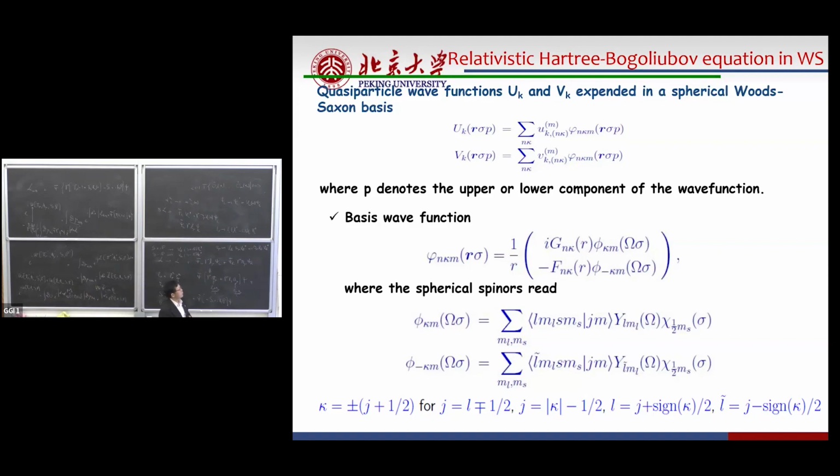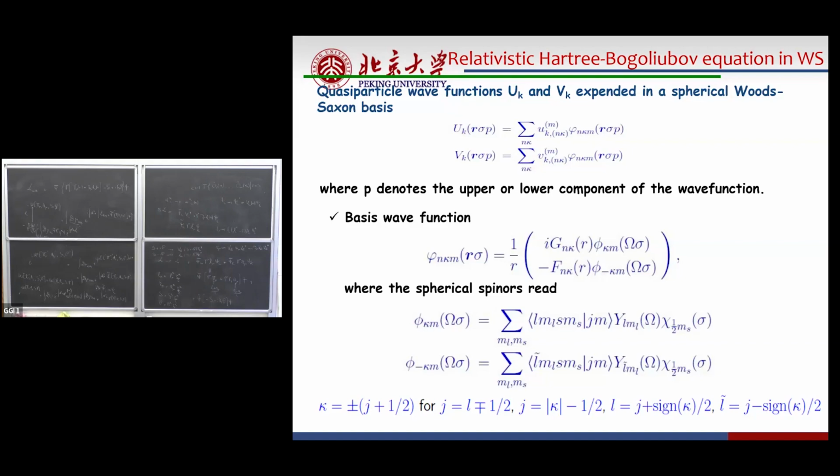Finally, we found that maybe it's much easier if we have Woods-Saxon basis. If we have Woods-Saxon basis, then we could avoid the difficulty in coordinate space. Using Woods-Saxon basis, we can use the Schrödinger equation with Woods-Saxon potential and use that solution as a basis.